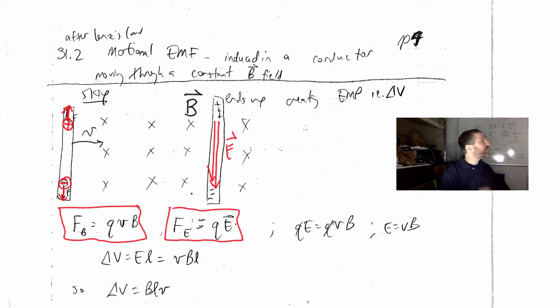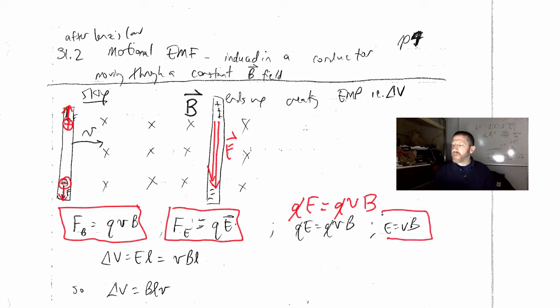When we keep moving this to the right, those two forces are equal because the charges stop moving. Hence, we set qE, the electric force, balanced by qvB. Otherwise, the charges would be moving. We can get rid of the q's, and what we have is the electric field is equal to v, the velocity, times B.